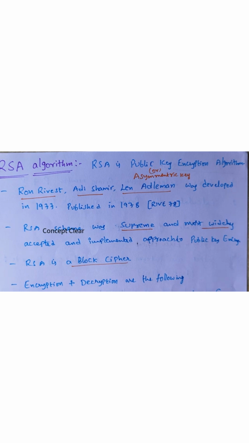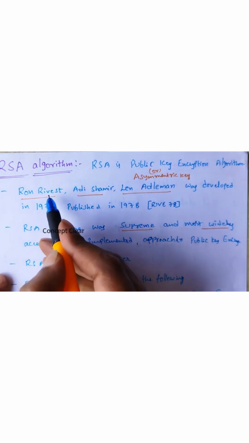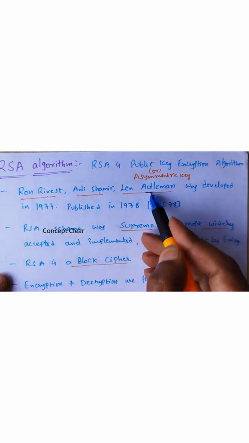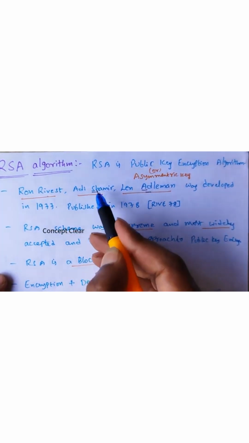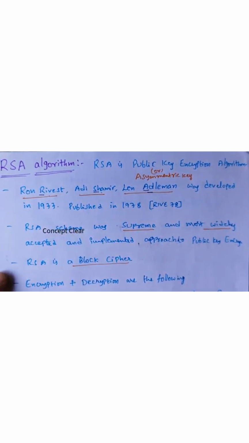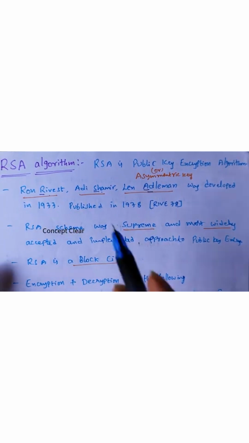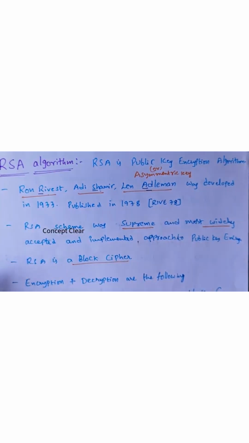RSA was developed by three scientists: Ron Rivest, Adi Shamir, and Len Adleman. Because of their names, Rivest, Shamir, and Adleman, they named the algorithm the RSA algorithm.